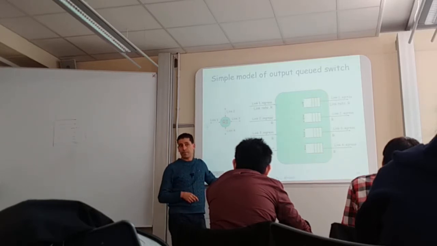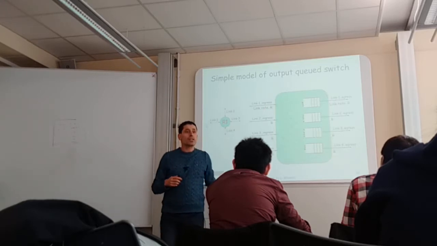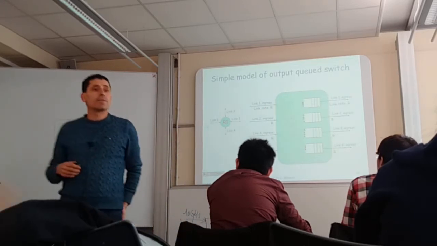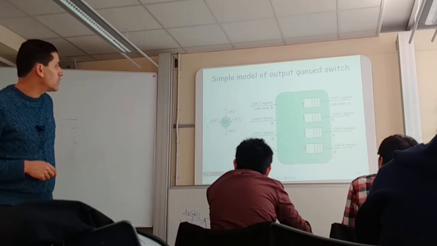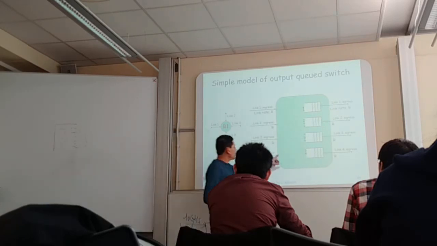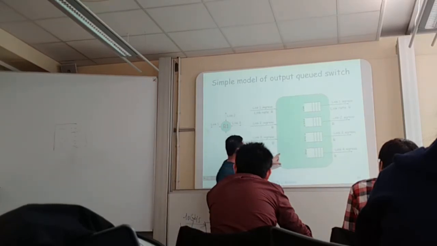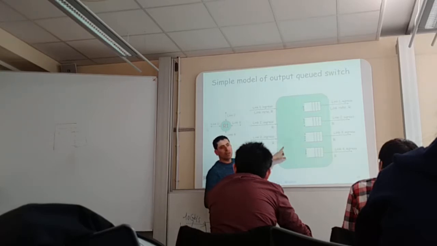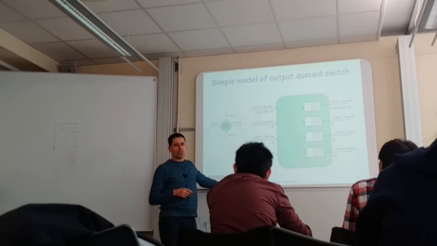Yes, please. Why would the input be the same as the output? I mean, link one will receive input from link one. Sorry, why is the link one output going to receive input from its own link? No, it's not receiving from its own line. It will receive from here also. You see? That's like 4. I did not understand your question.